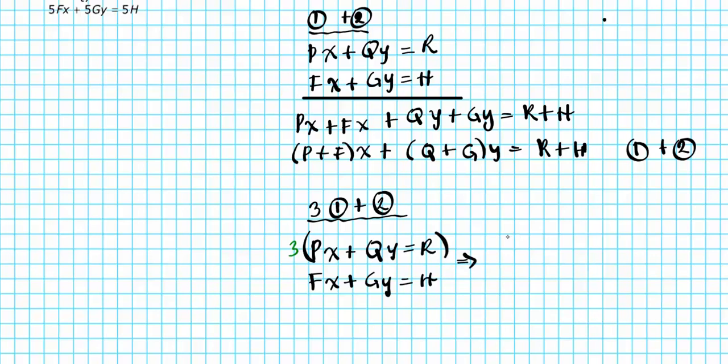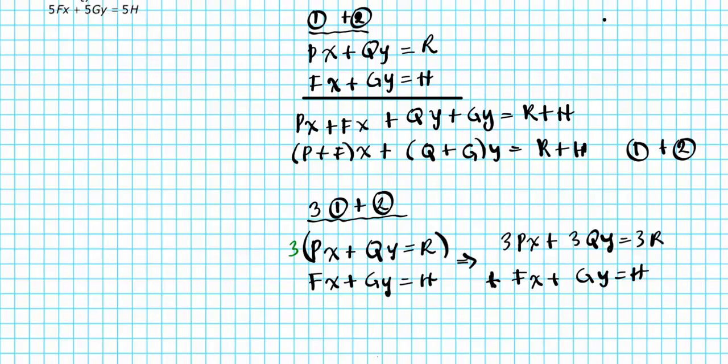So when I triple that, I'm going to have 3Px plus 3Qy equals 3R as my new equation, triple 1. And then we also have Fx plus Gy equals H. We're supposed to add them, right?